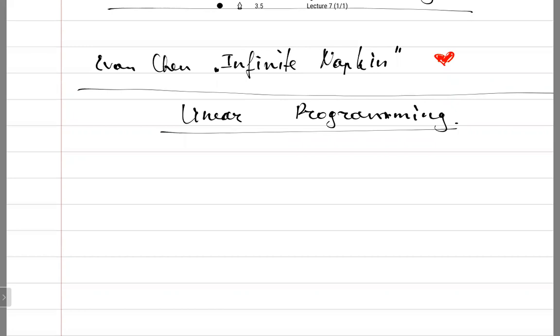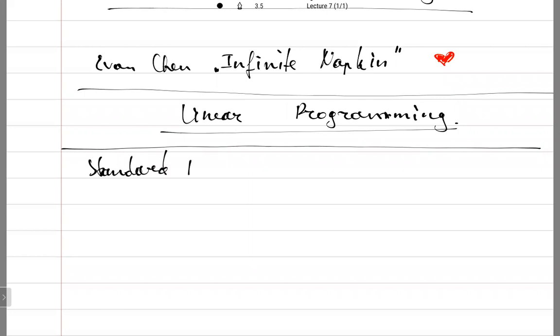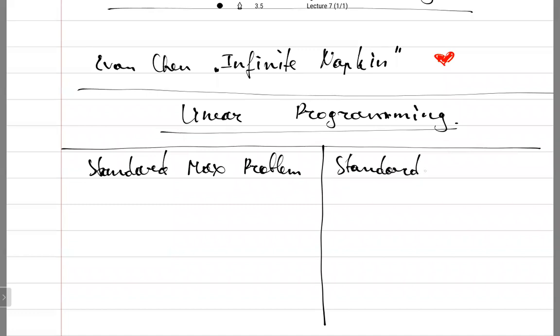So first, I would like to introduce this duality a little bit formally. So I will have a standard maximization problem, and I will have a standard minimization problem.